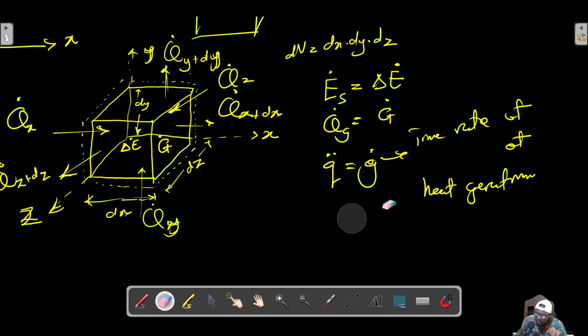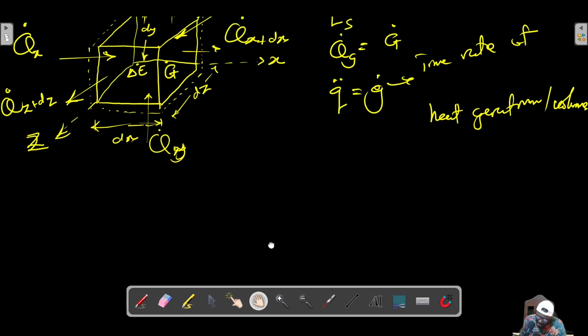So the time rate of heat generation within the control volume per unit volume. So wherever you see J dot, small j dot, I mean Q double dot. So please don't get confused.